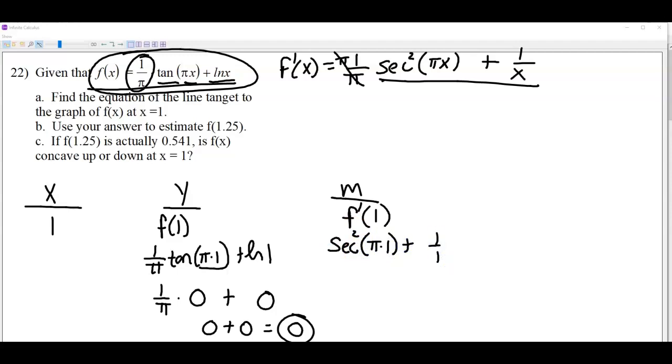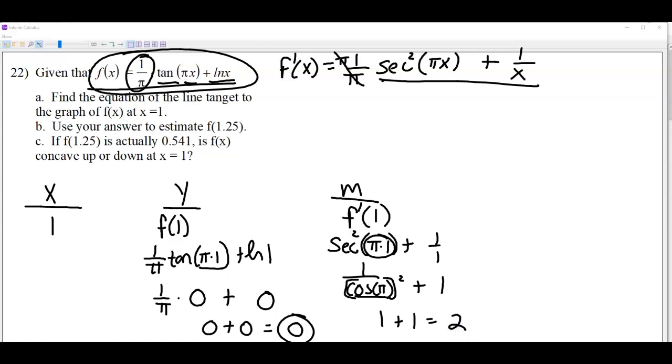All right. So this is just pi. And secant is really just 1 over cosine. So we can write it like this. Now cosine of pi is -1, but we're squaring it, so it's +1. And 1 over 1 is 1, so we're left with 2 as our slope.